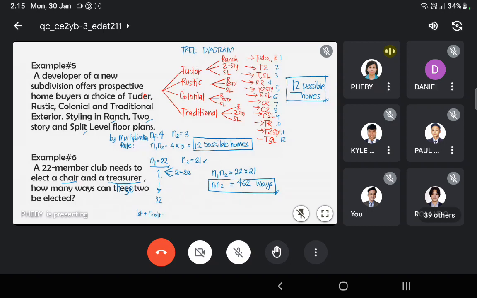Ibig sabihin, 22 for chair, yung second for treasurer, 21 na lang yung magiging choices. Kaya n sub 2 is 21. Therefore, n sub 1 multiplied by n sub 2 is 462 ways. Okay?